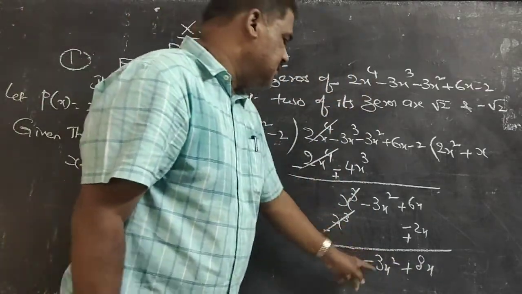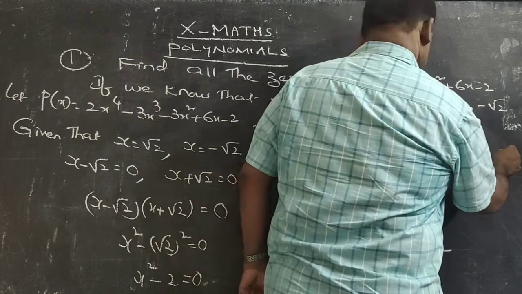x square into how much is equal to minus 3x square? That is minus 3.